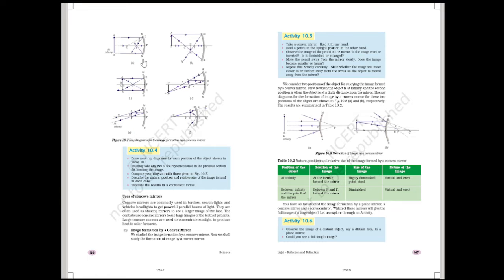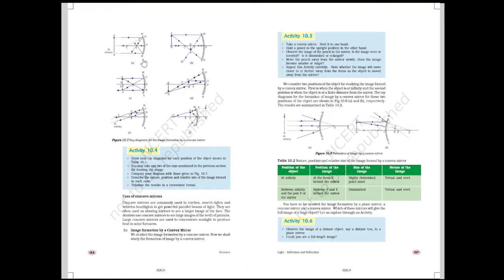Here I'll tell you one method to learn these things. How do we learn these six diagrams? It is the relation between the object and the image formation. As we go further, we'll understand it very clearly.